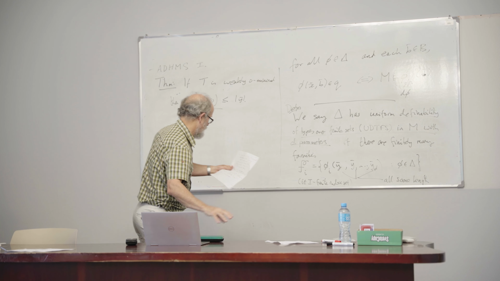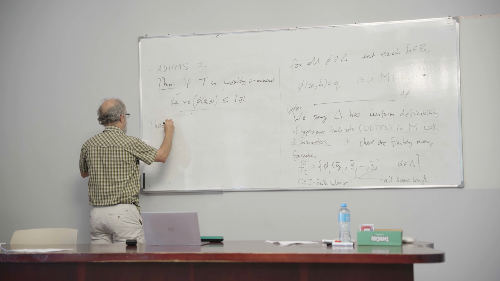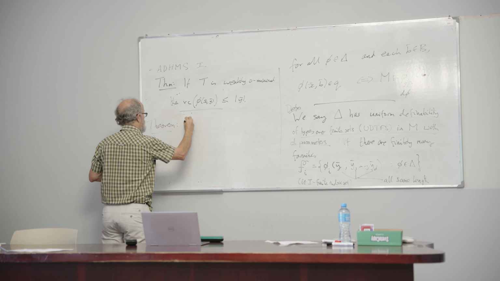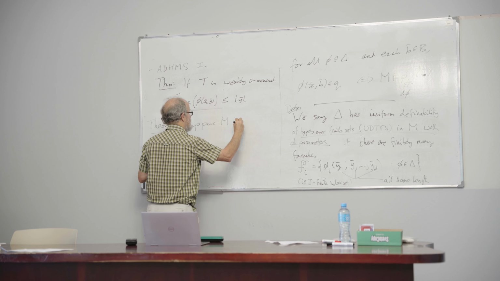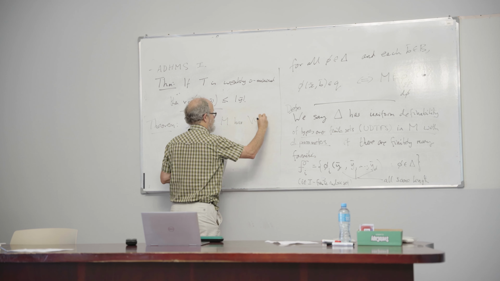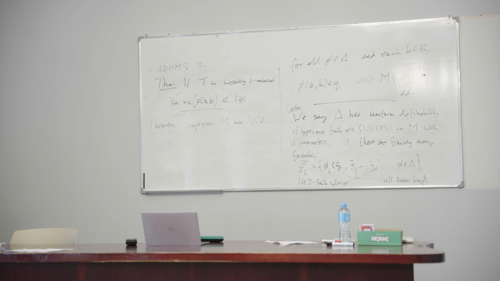And the theorem is that, suppose M has this condition VCD. So we have this uniform definability of types with d parameters when x is a single variable.